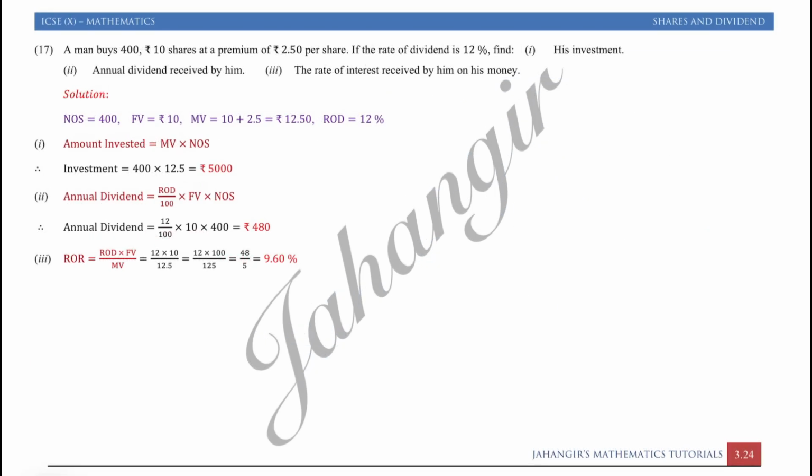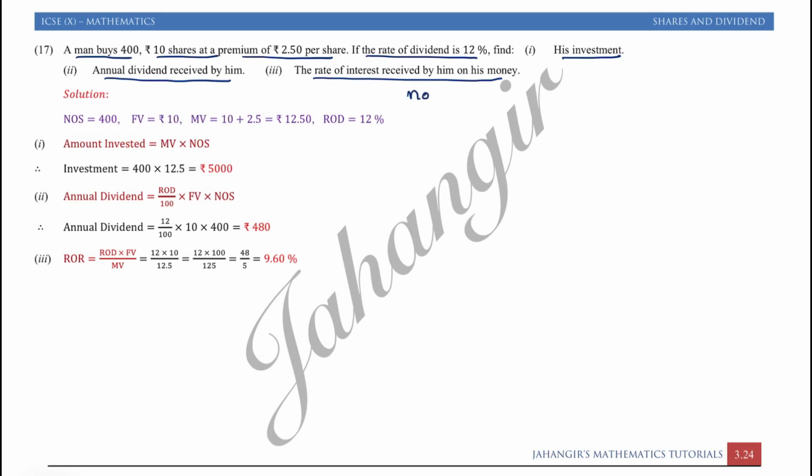Question 17. A man buys 400 rupees 10 shares at a premium of rupees 2.50. If the rate of dividend is 12%, find its investment, annual dividend received by him, rate of interest received by him on his money. So this is a simple question, and this is also a board pattern question.